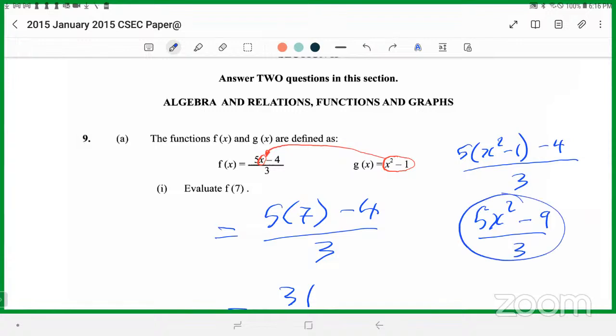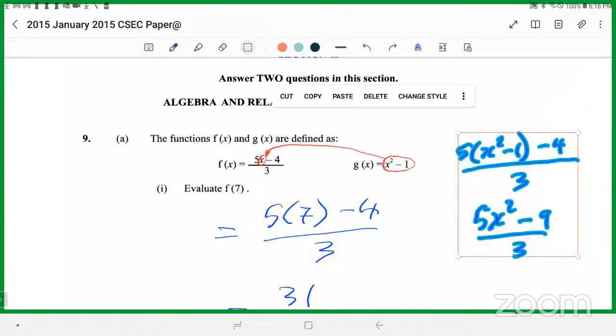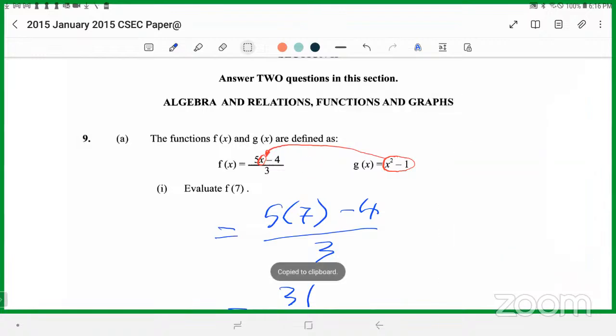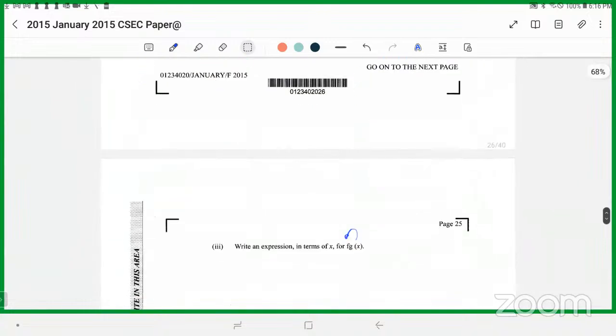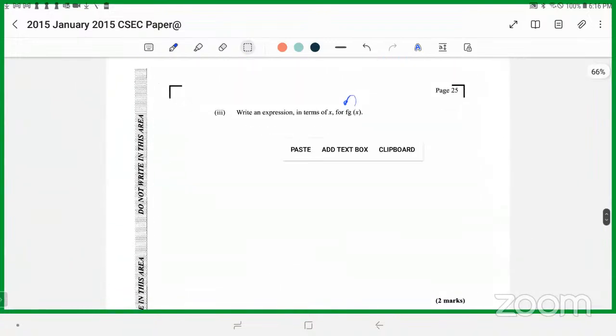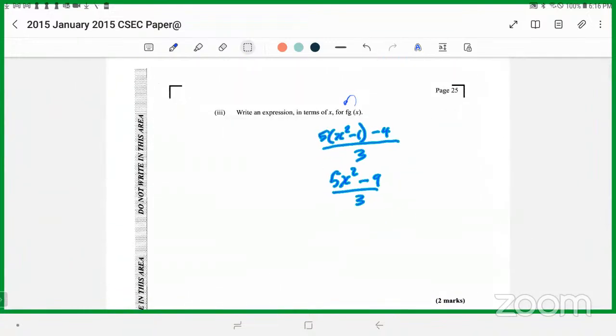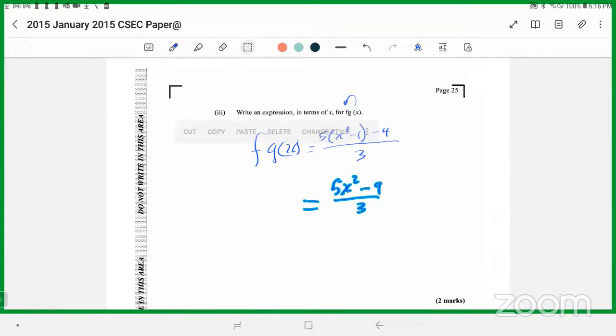This is the answer. So let's copy all of this down. I'll cut and paste down here. That is it. So f of g of x is this, which is that. And that is it.